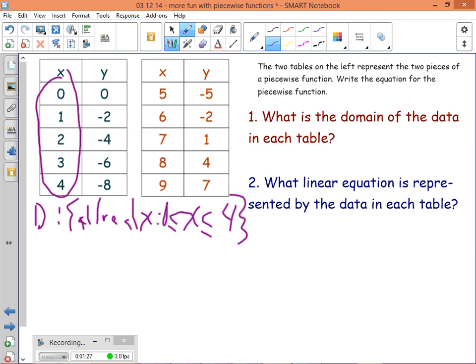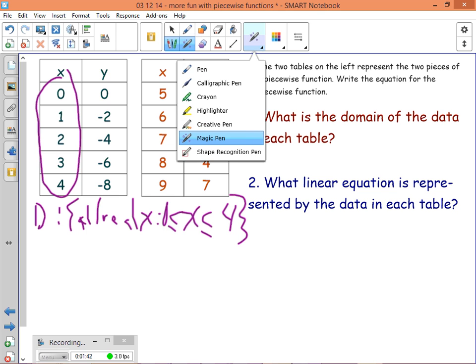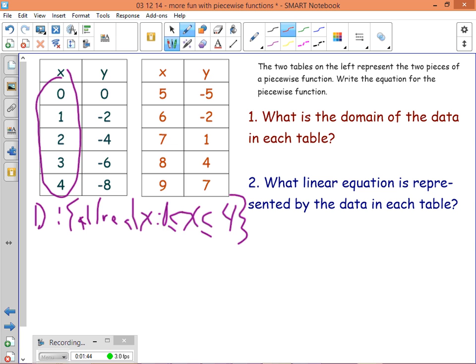The next part is what linear equation is represented by the data in each table. Well, that's pretty simple too. We've done this over and over again. What we have to do here is say, what is my slope and what is my y-intercept? Because my equation y equals mx plus b just requires that.